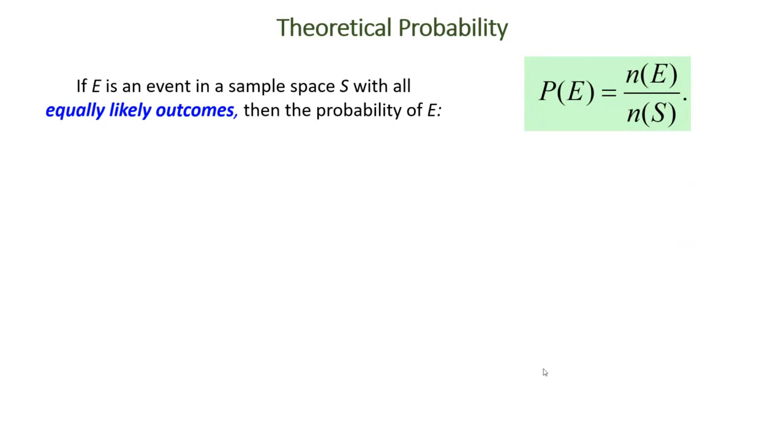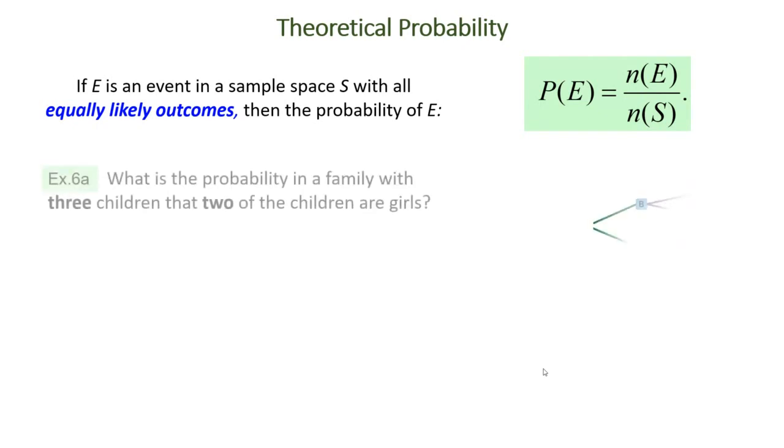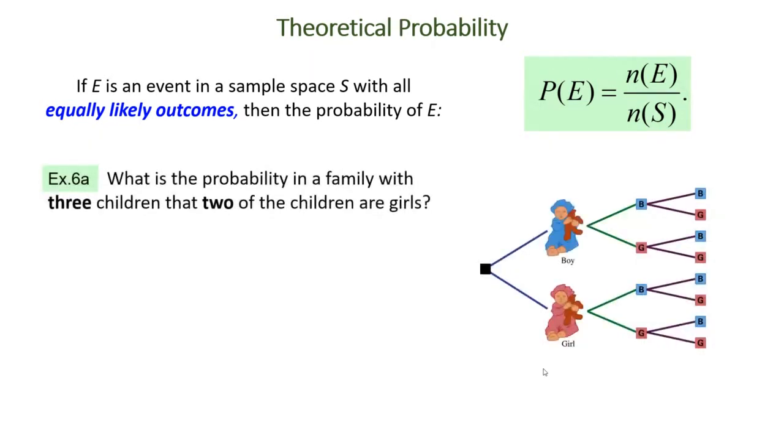So if E is an event in a sample space S with all equally likely outcomes, then the probability is the number of outcomes in the event divided by the number of outcomes in the sample space. I told you it's the same formula as for empirical probability, but we know these numbers from the theory.